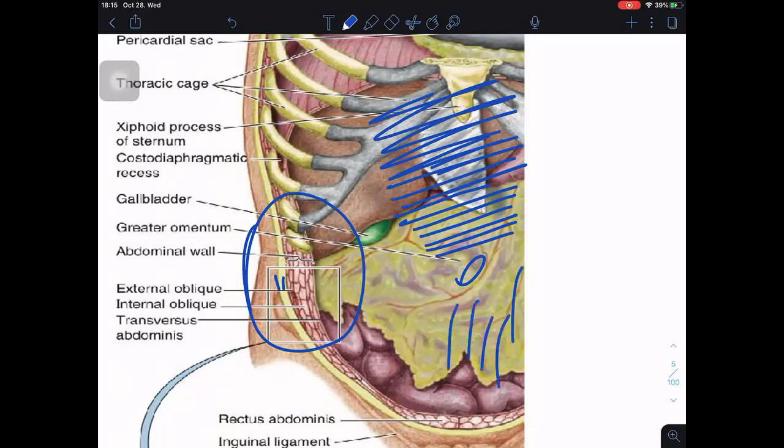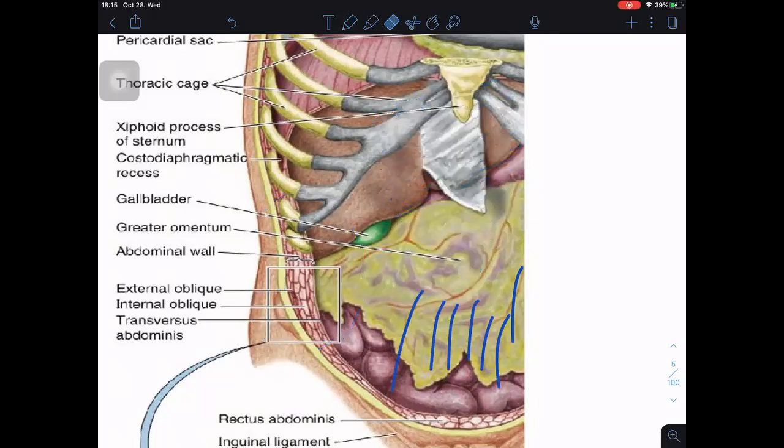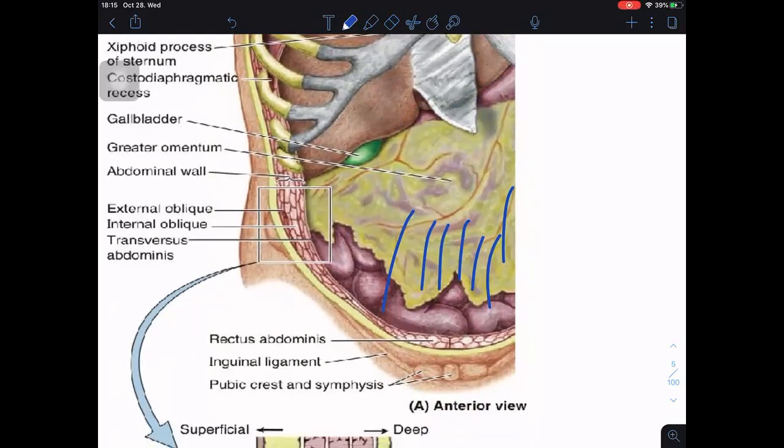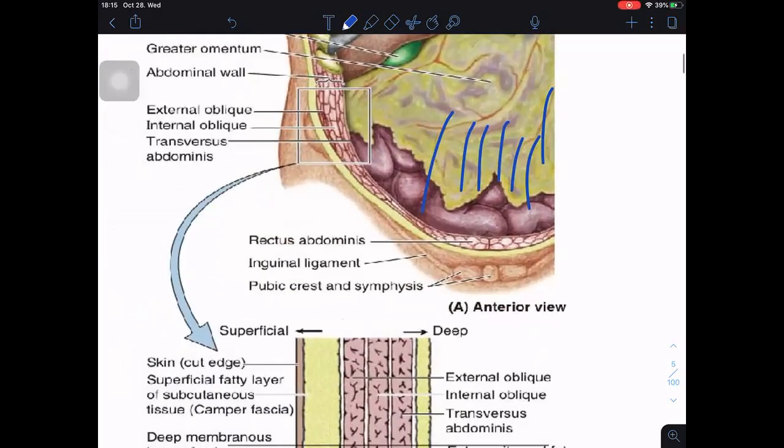Below the umbilicus is where the differences come. So below the umbilicus, the subcutaneous tissue has a fatty layer.